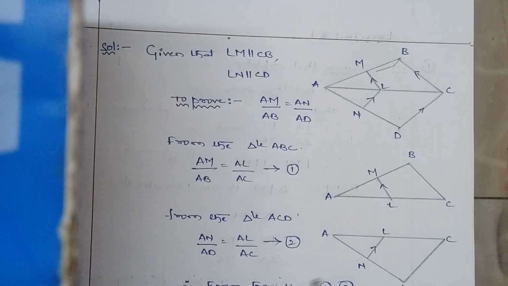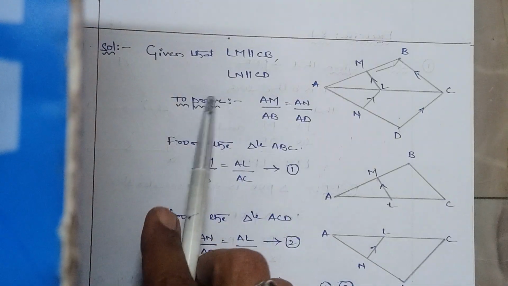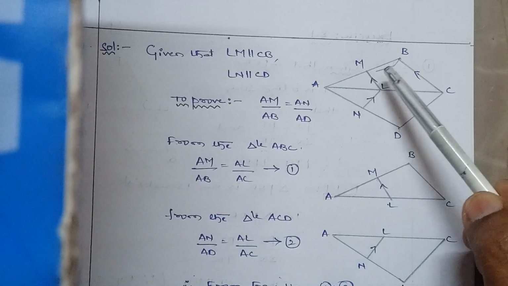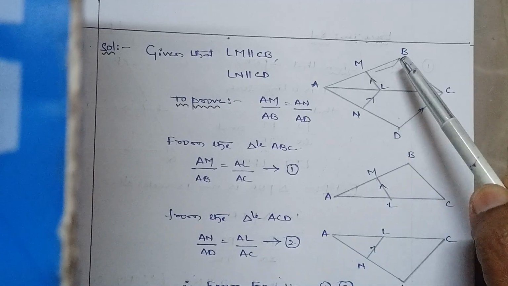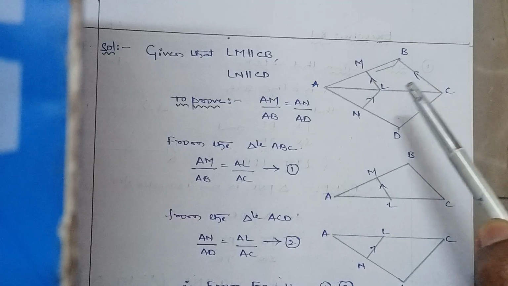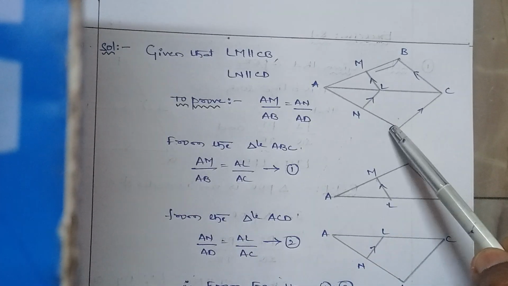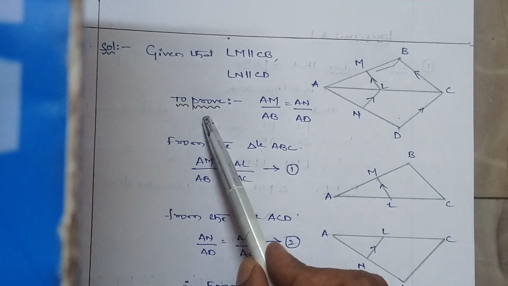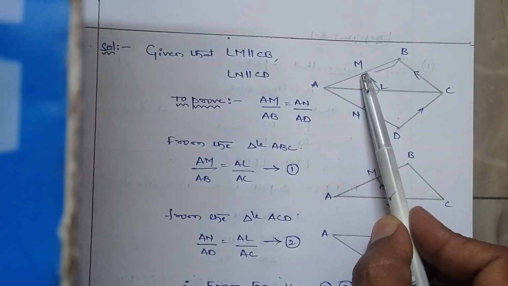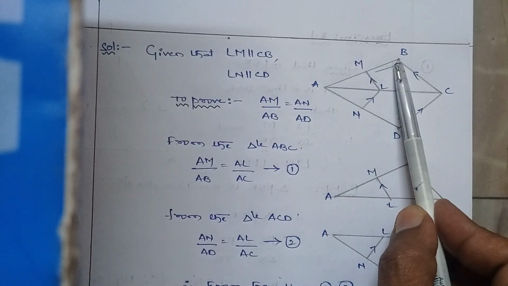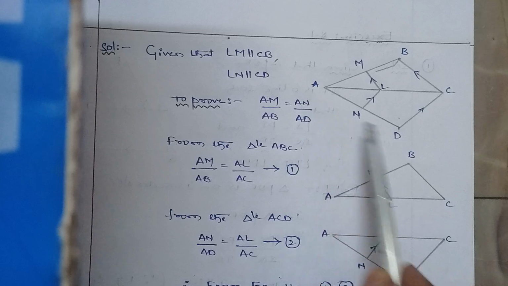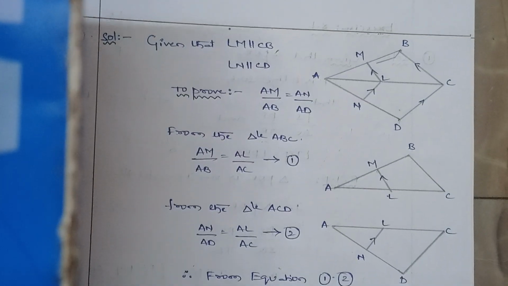First, what is given in the question? Students, write down that. Given that LM is parallel to CB and LN is parallel to CD. That is given in the question. We need to prove that AM by AB equals AN by AD. That ratio we need to find.